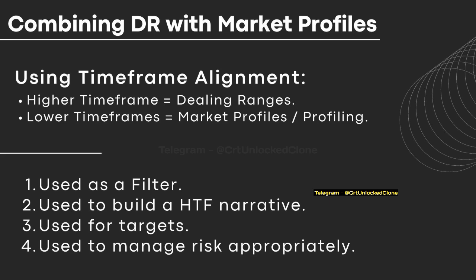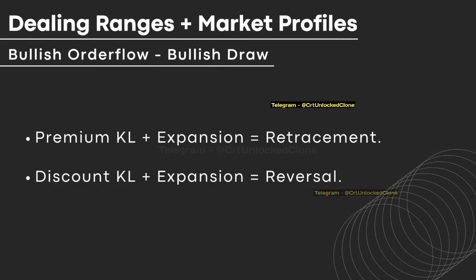So here we're going to discuss different case scenarios for dealing ranges and market profiles. The first one we've got here is the different scenarios for bullish order flow, bullish market conditions, or when the drawn liquidity is high. So first one is when the market condition is bullish and price forms a bullish dealing range, and then price on the higher time frame retraces back to a premium key level with a lower time frame expansion.